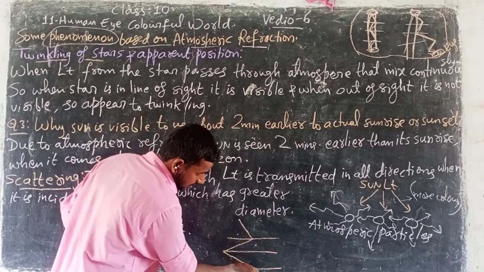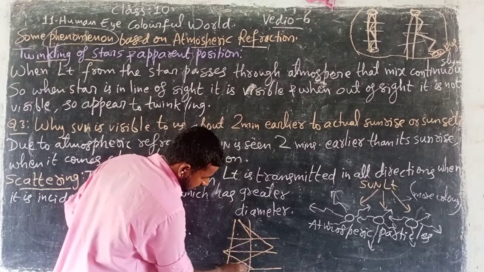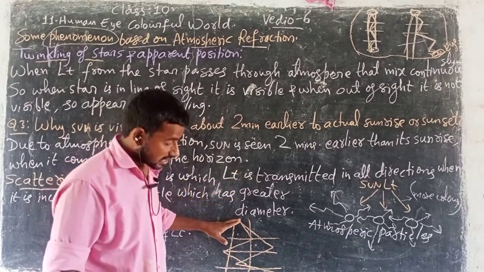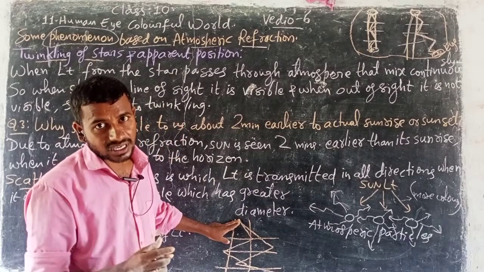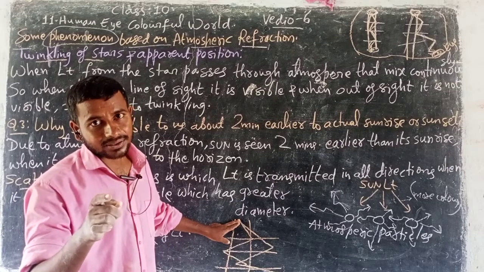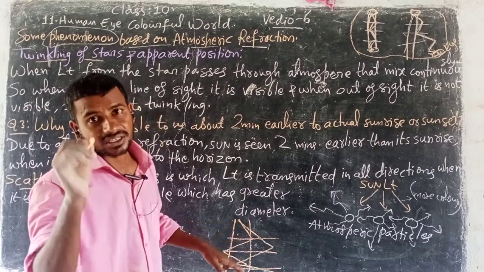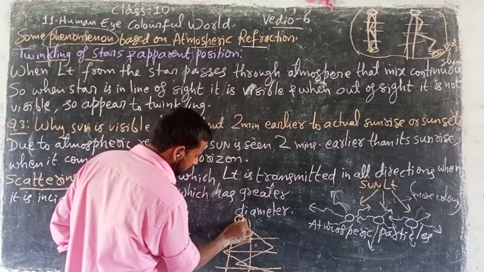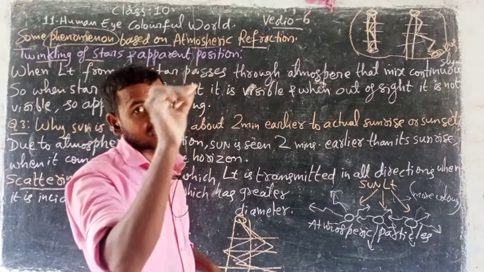When the line is crossing like this, then the shininess of the star can twinkle. Then it twinkles due to refraction of the star's light.